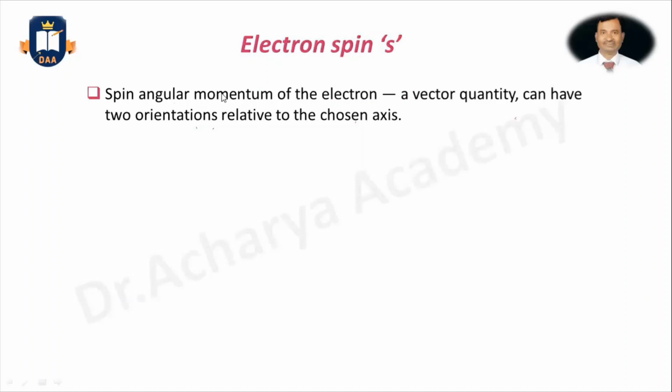So this spin angular momentum of the electron is a vector quantity. That means it has direction. And it has two orientations relative to the chosen axis.